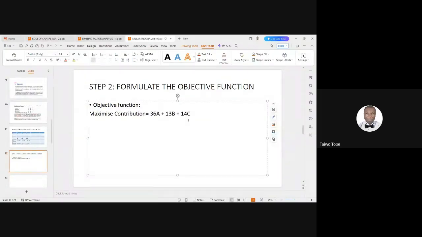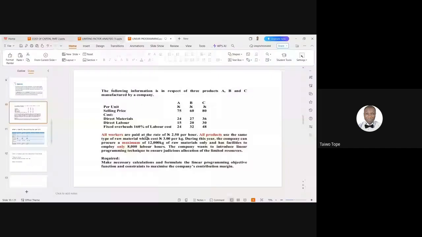So the objective function is subject to constraints, and you identify those constraints and express them in the form of inequality. Now, even though we've identified them, I still want to ask, what are the constraints?